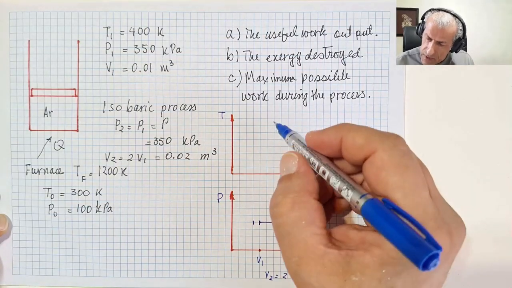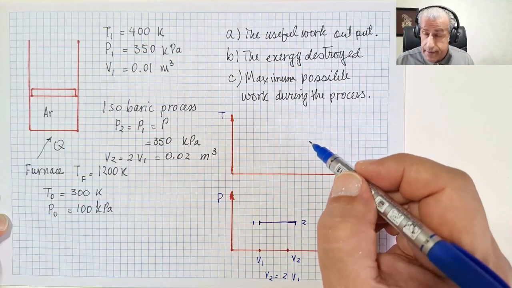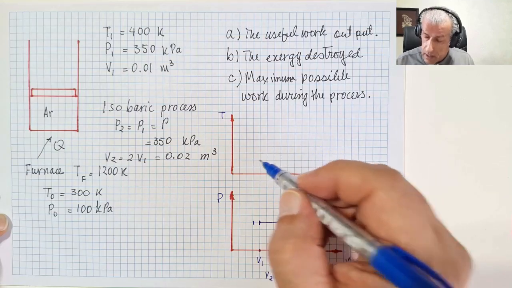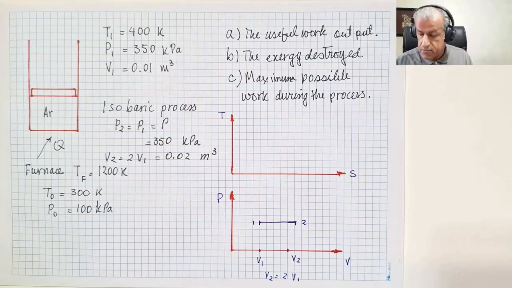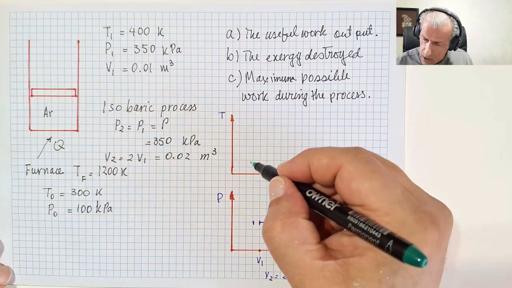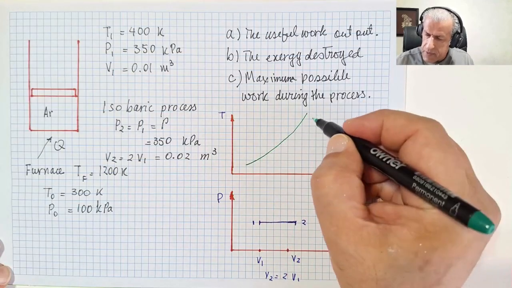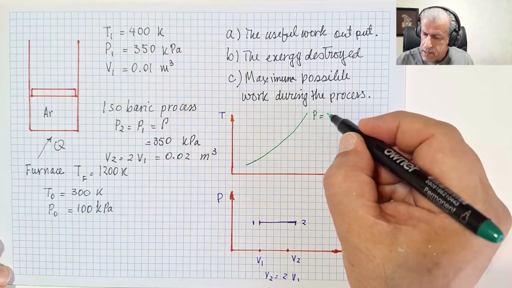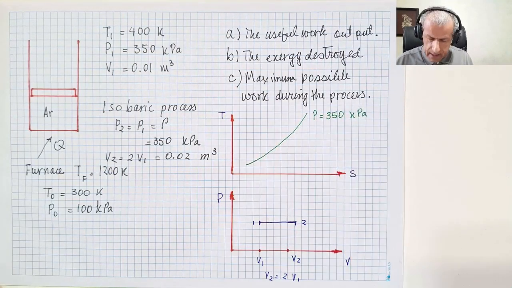Now, as for the TS diagram, there is a constant pressure line on the diagram, which usually looks like this. This is the P equals 350 kilopascal line.